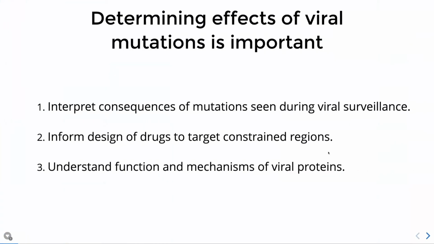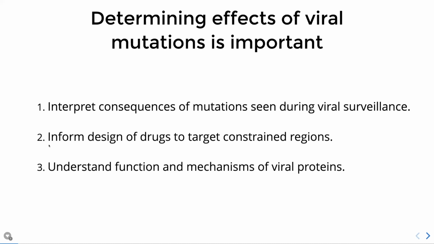So as I think everyone appreciates, determining the effects of viral mutations is important. And during the COVID-19 pandemic, it's been important for at least three reasons. One is that new variants arise with mutations in the genome, and it's very valuable to be able to interpret the consequences of those mutations seen during SARS-CoV-2 surveillance.